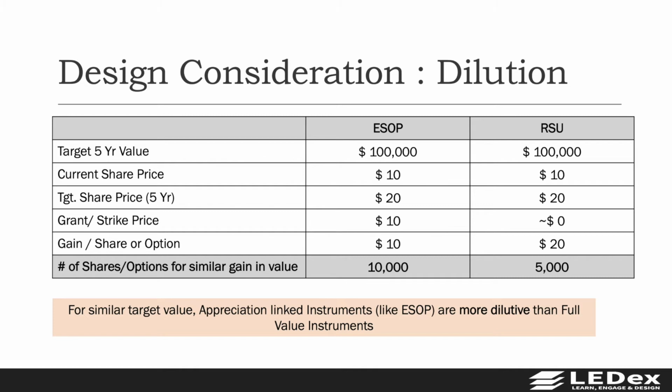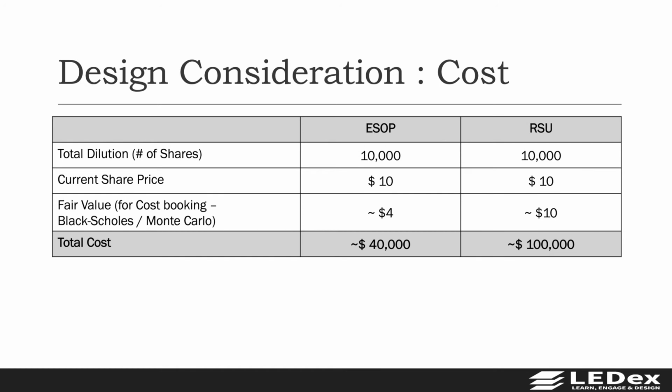Of course, there are trade-offs, and the trade-off typically is cost. If we were to consider the same number of shares, or total dilution, which is equivalent, 10,000 ESOPs and 10,000 RSUs, with the current share price being $10 for ESOPs and, of course, for RSUs as well.